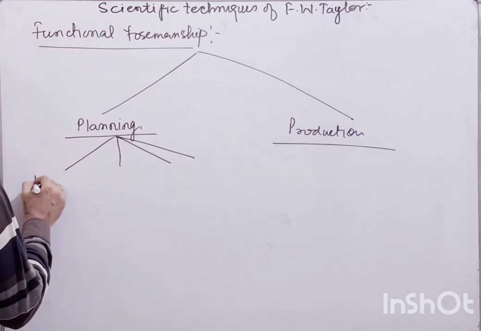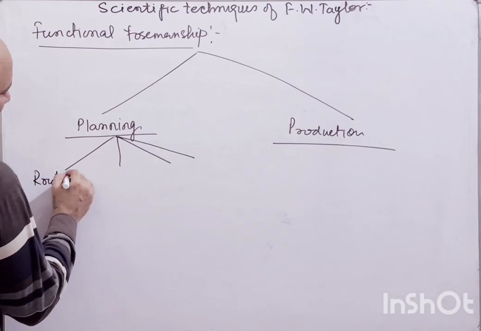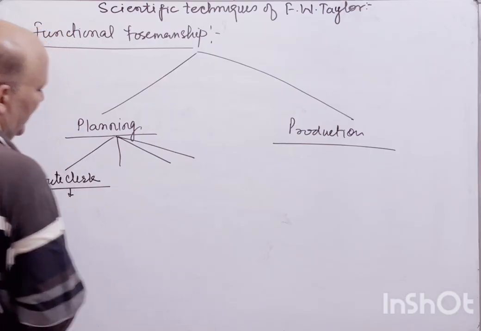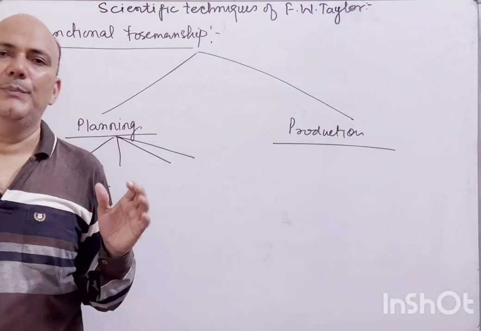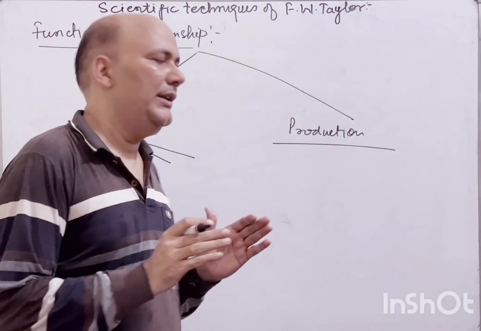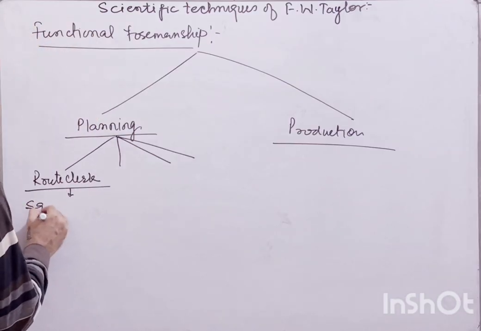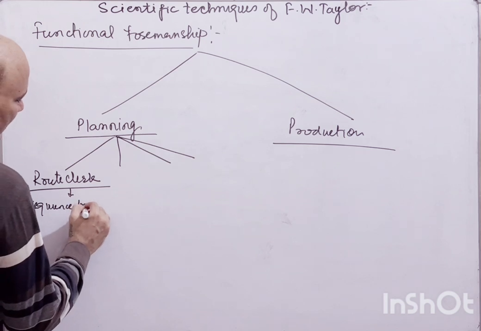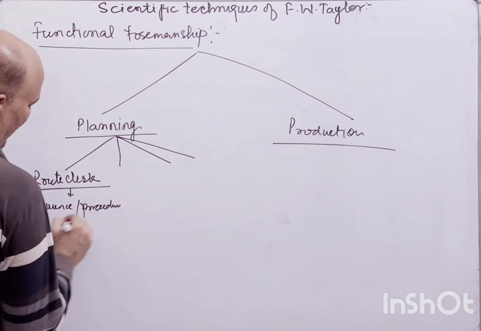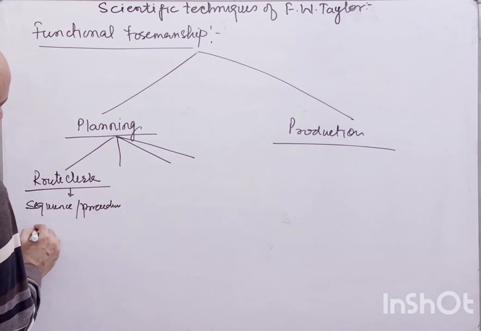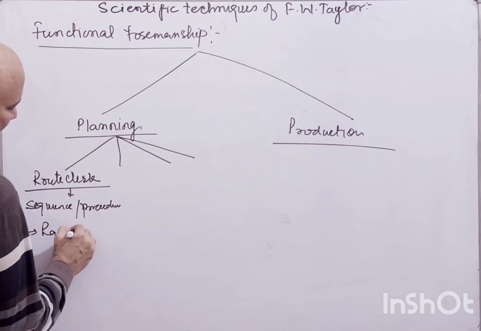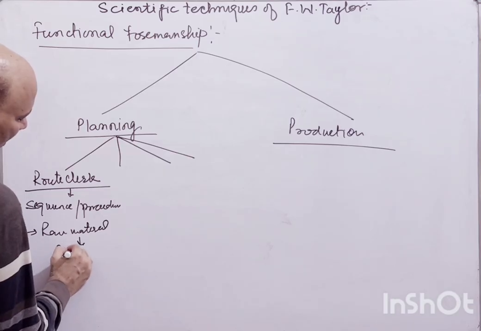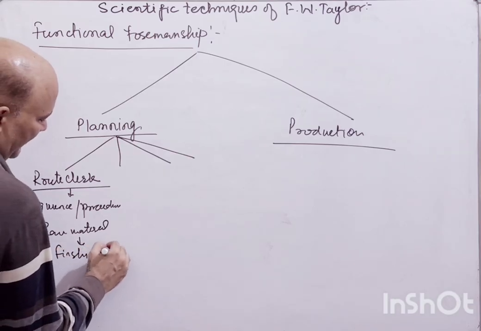The four people here, the first is the route clerk. Now, what is the work of the route clerk? The route clerk is the person who defines the sequence, the procedure, of how raw material will be processed and become a finished product.